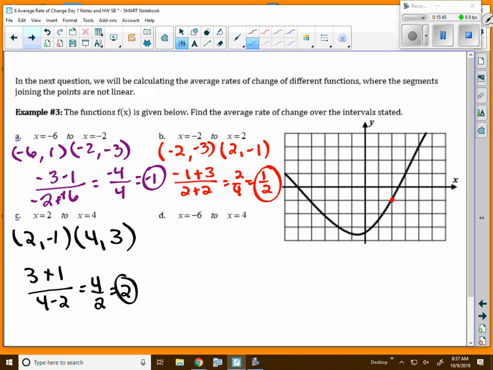Okay, try part D all on your own. Go ahead, write the points and do that slope.